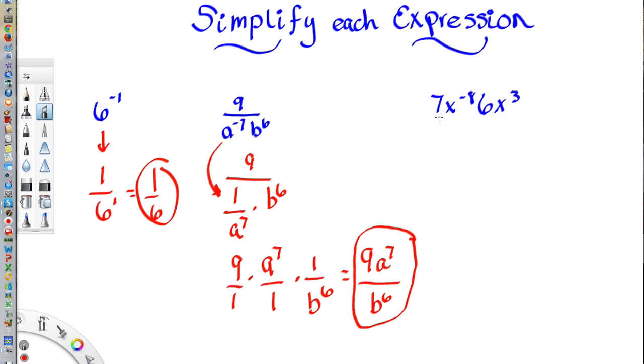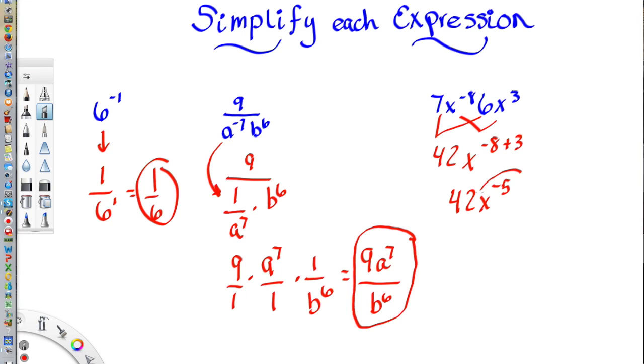Okay, well, I can combine some like terms here. 7 times 6 is 42, and x to the negative 8th power times x to the 3rd power is going to be x to the negative 8th plus 3rd power, which will be 42 times x to the negative 5.